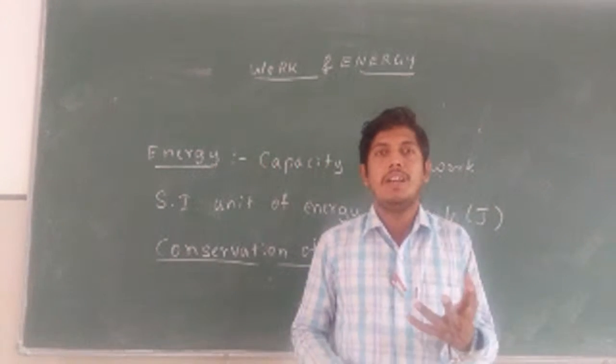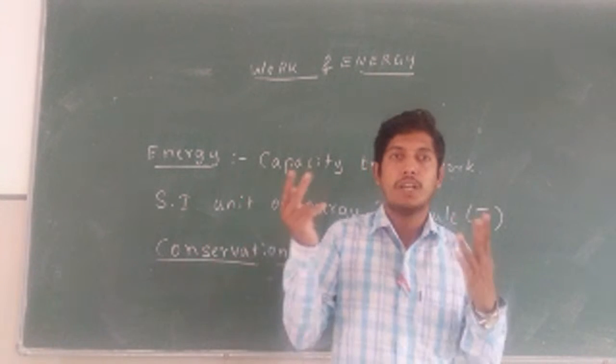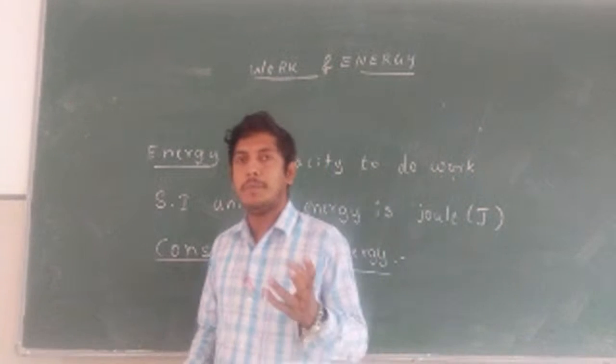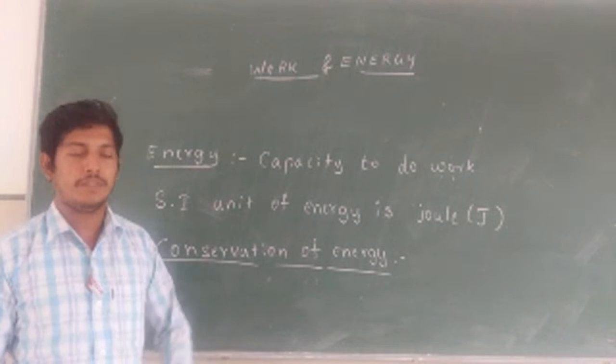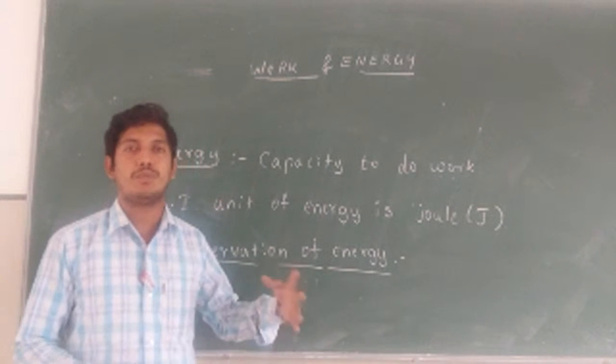When it glows, it spreads light. That means electrical energy is converted to light energy. Similarly, after some time the bulb gets hot, so heat is also produced, meaning the electrical energy is converted into light energy as well as heat energy.